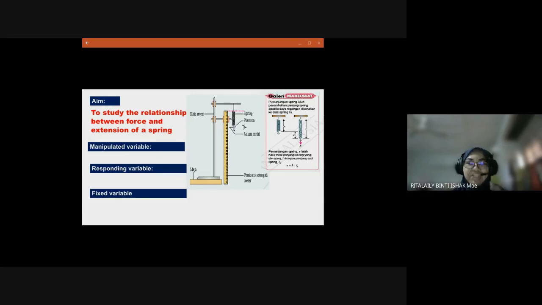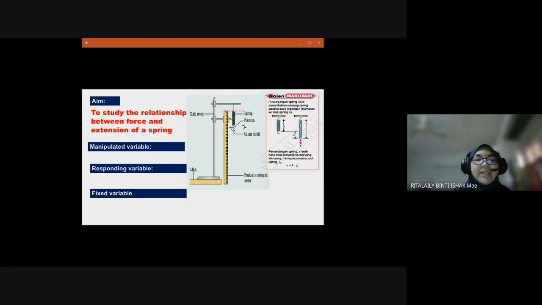If you say size, it's not that accurate. Okay, mass. Yes, mass can be used because we can measure mass accurately. So the manipulated variable is mass.